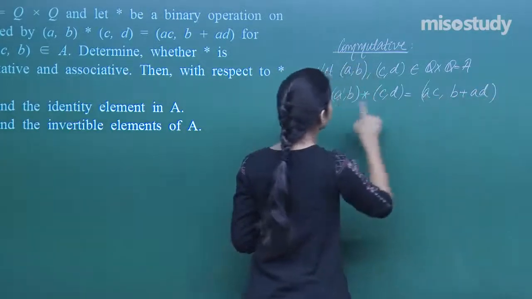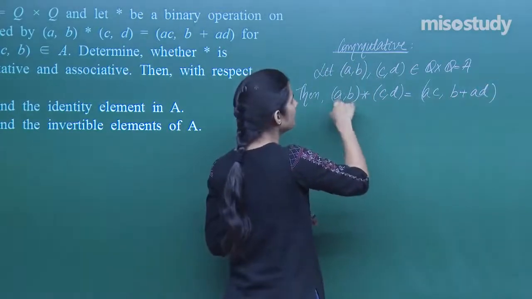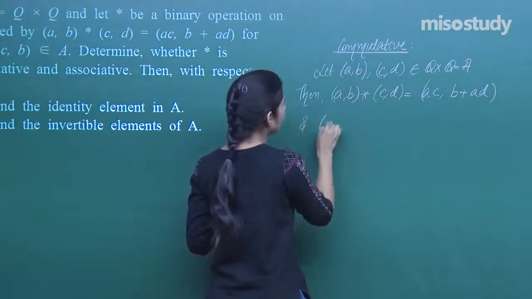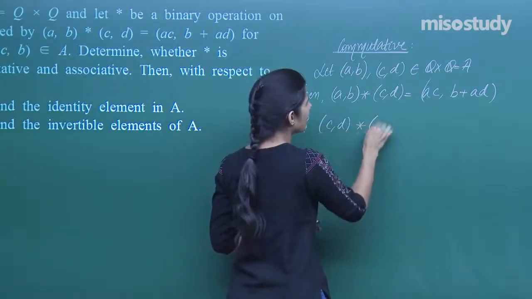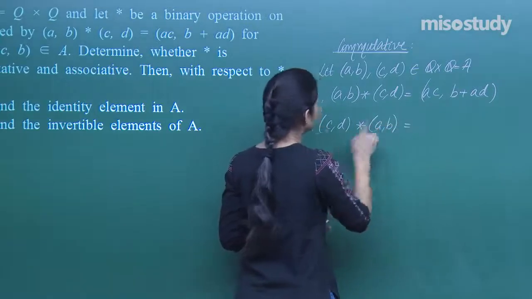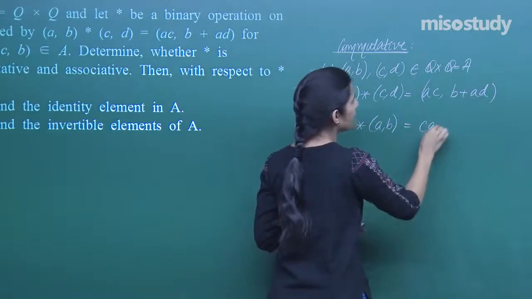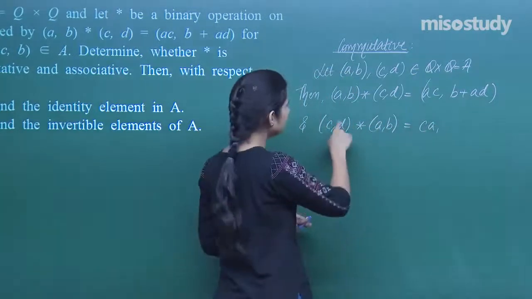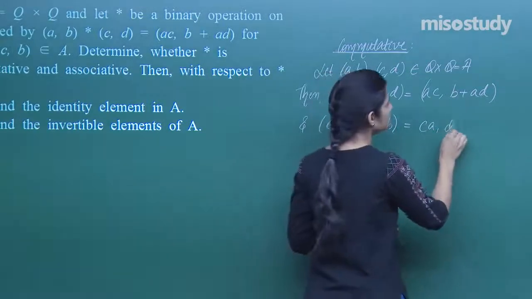That's how the operation is being done: a into c, b plus ad. And if I talk about (c, d) star (a, b), it is (ca, d plus bc).